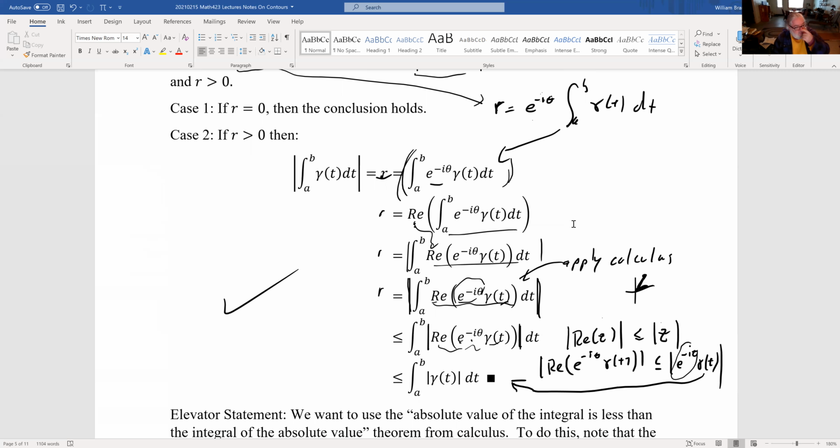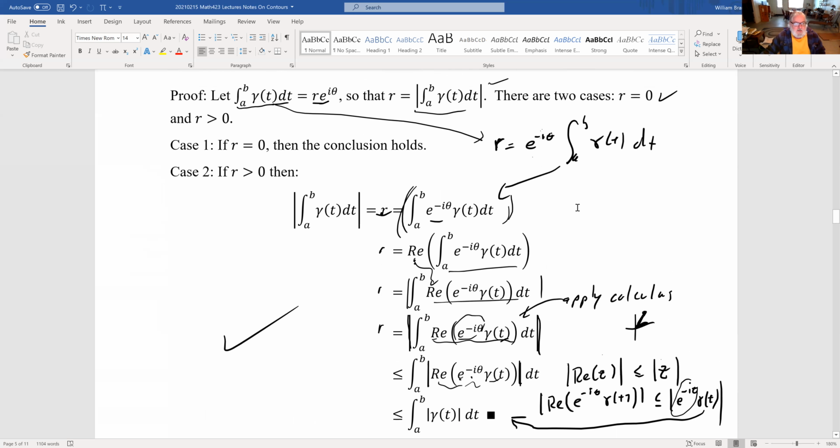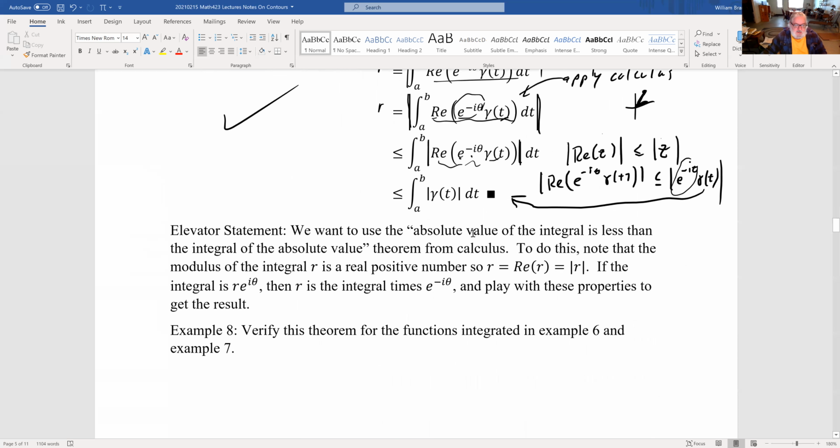So what we managed to do is reduce that to a result from calculus. And so what's the elevator statement? An elevator statement is an idea where you want to be able to look at a proof and conceptualize it in a short couple of sentences that you can just remember, so that you can begin to make connections and see the same sort of thing.